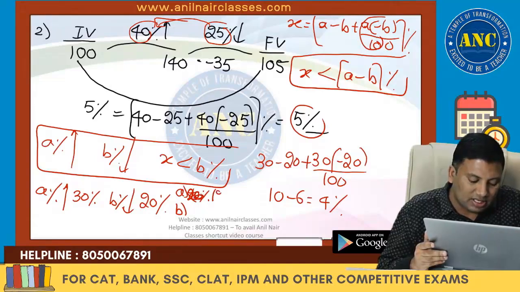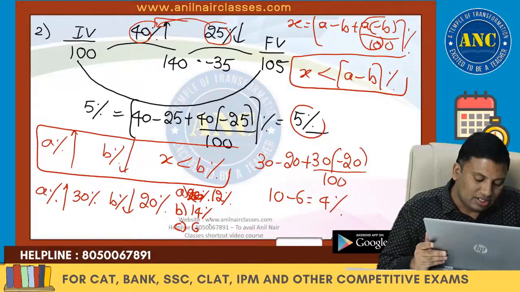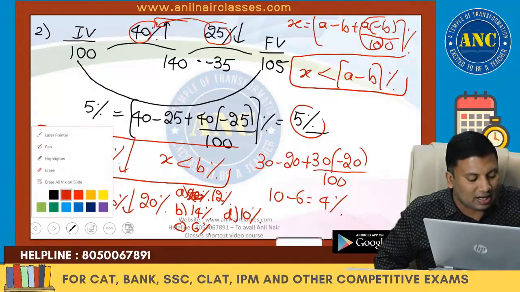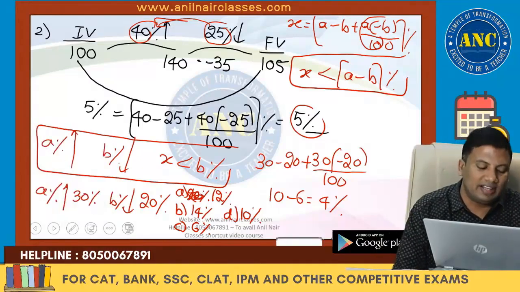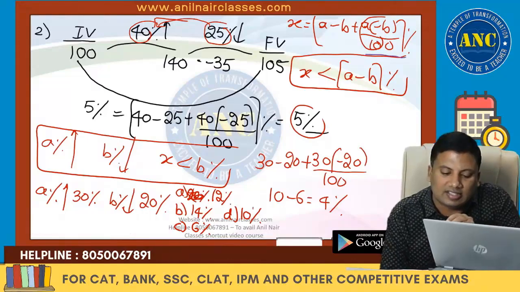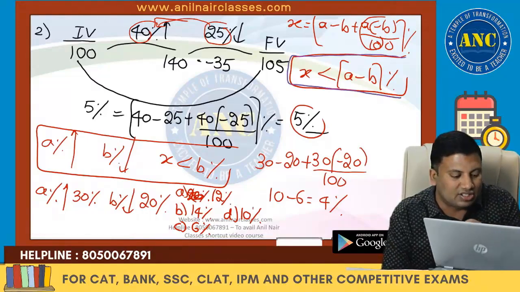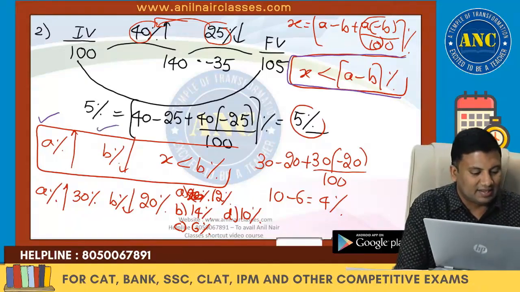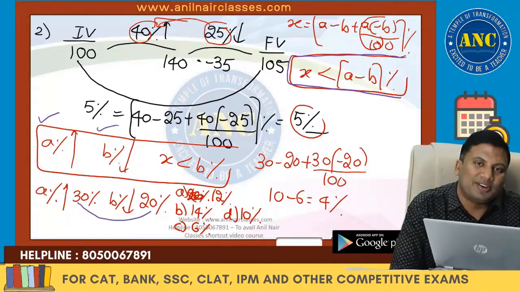If the options are like this, 12%, 4%, 6% and 10%, this concept helps in eliminating answer options. How does it help? X is less than A minus B percentage. If one is an increase and another is a decrease, 30 minus 20 is 10.